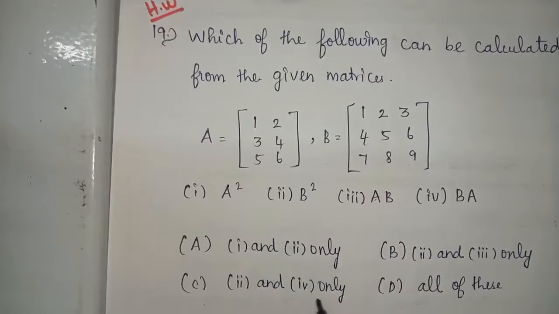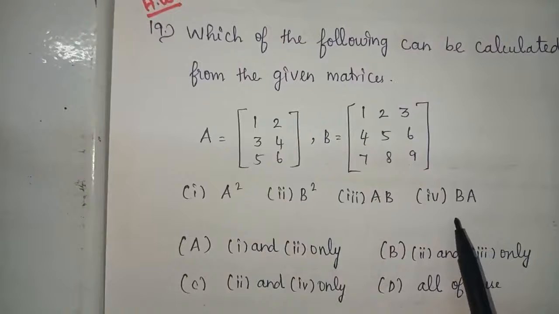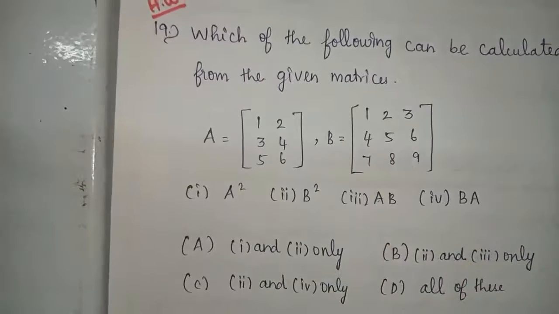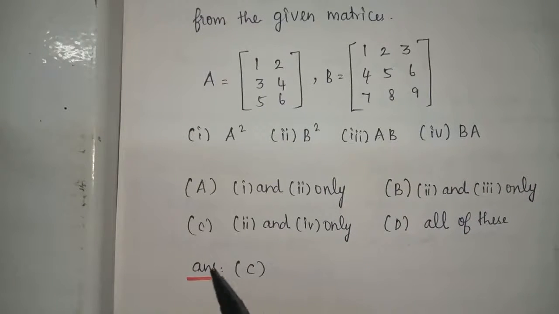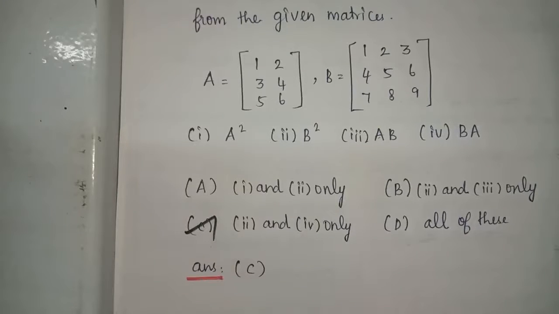Option C is 2 and 4 only. Option D is all of these. So you have to do matrix multiplication of A square, B square, AB and BA, and check which one can be calculated. The correct option is option C, second and fourth only. You have to do the verification.